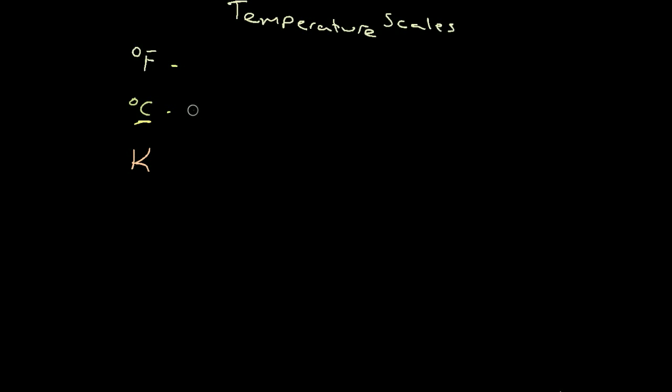For instance, on the Celsius scale, the freezing point for water is 0 degrees, and the boiling point of water is 100 degrees. They're nice, whole, even numbers, as opposed to Fahrenheit, where freezing is 32 degrees and the boiling point is 212.